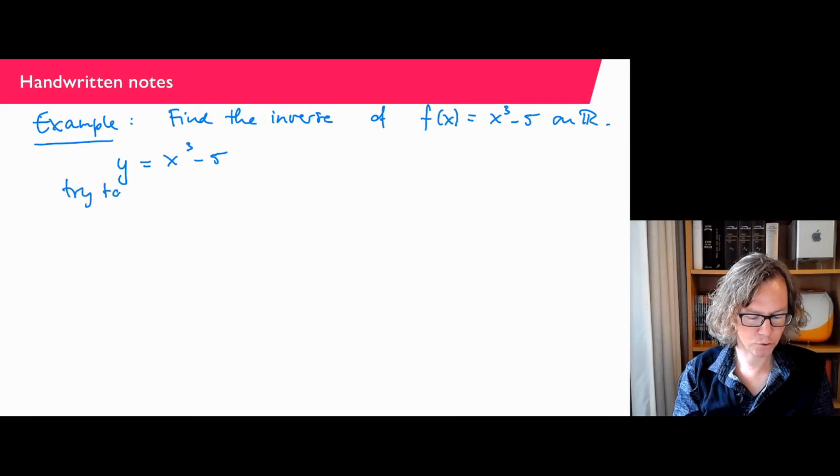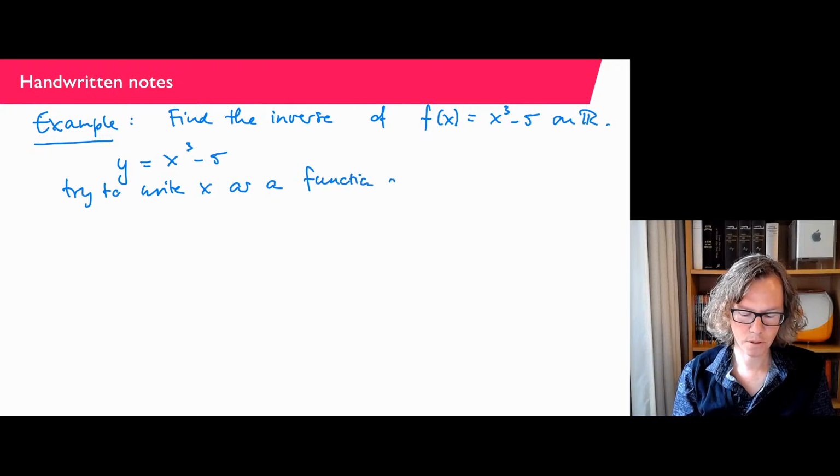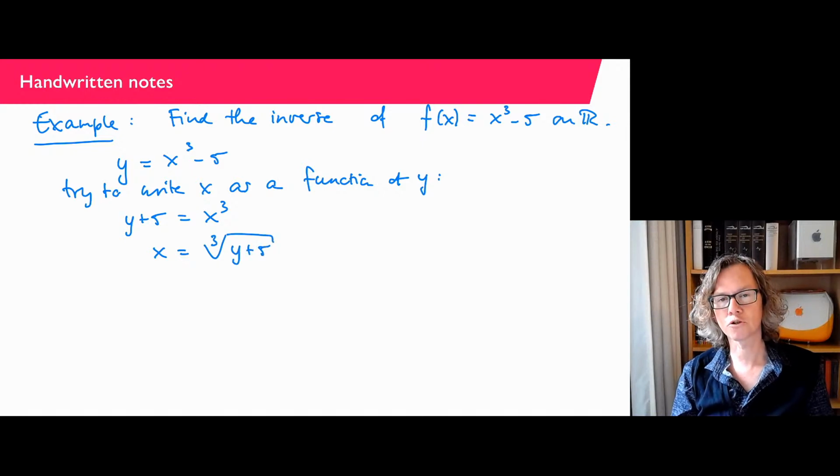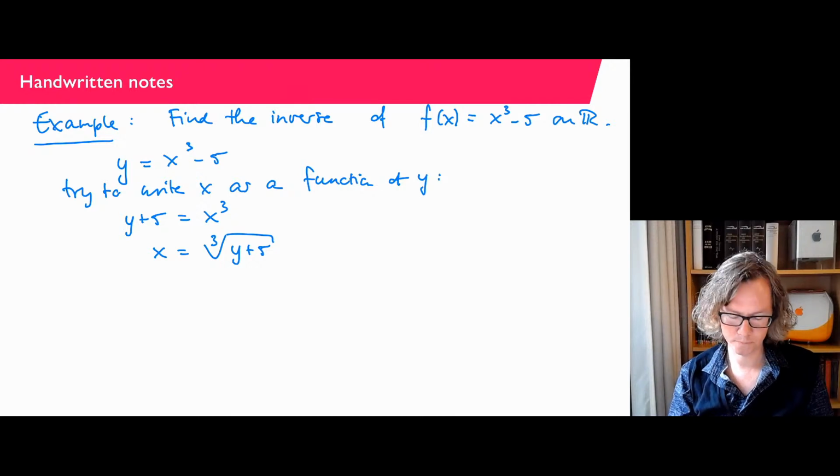Now here, that's not so difficult. If you do y plus 5 equals x to the power 3, you see that apparently x is the cubic root of y plus 5. The cubic root is just a fancy way of saying the third root.